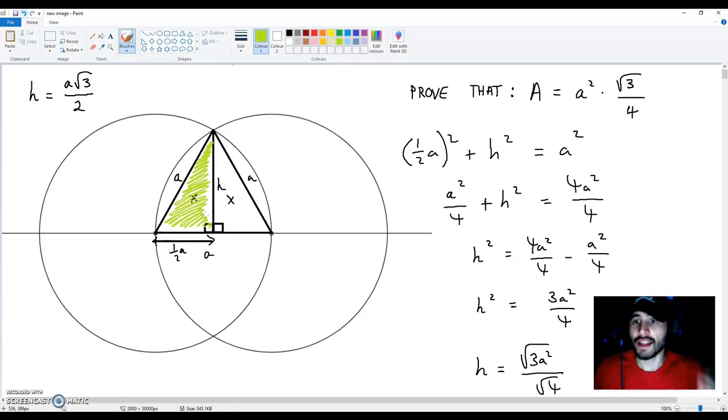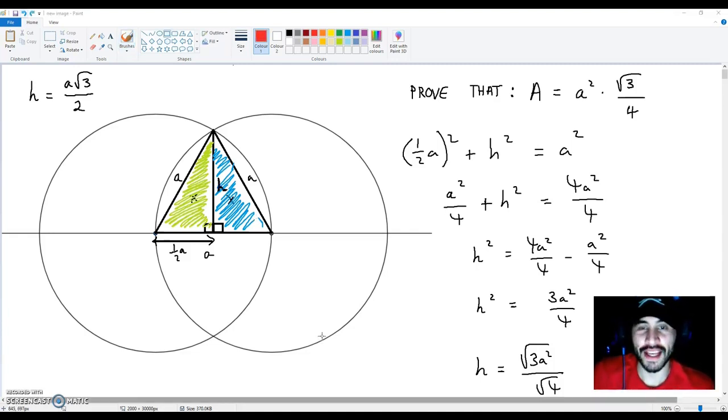If we find this area, we can then multiply it by 2 to find the area of the whole equilateral triangle. This is because this side, shaded in green, is equivalent to this side, shaded in blue. They have the same lengths and they are both right-angled triangles.